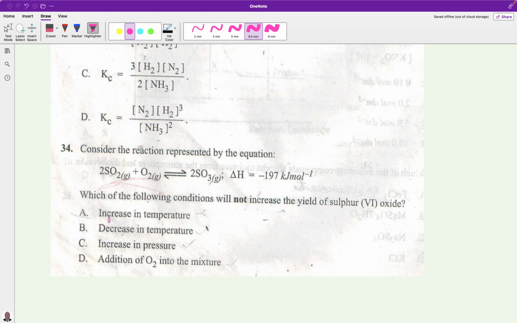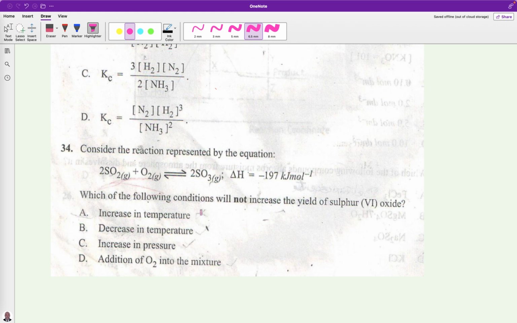Increasing the temperature, being an exothermic reaction, will favor the endothermic direction.